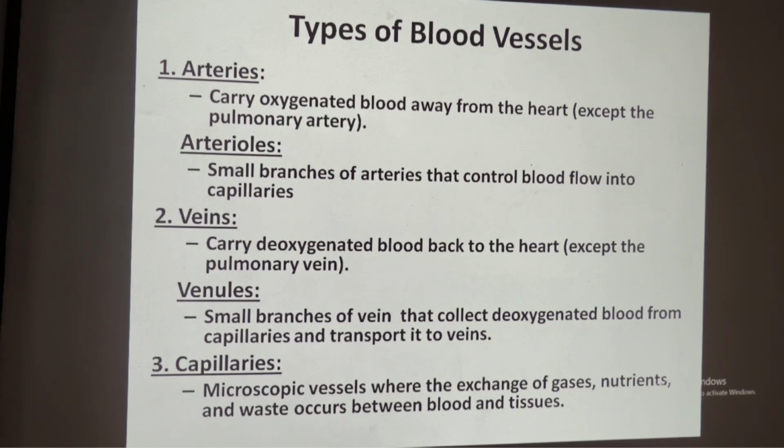This pulmonary vein will be discussed in variations of blood vessels. Venules, small branches of veins that collect deoxygenated blood from capillaries and transport it to veins. Last one, capillaries, are microscopic vessels where the exchange of gases, nutrients, and waste occurs between blood and tissues.